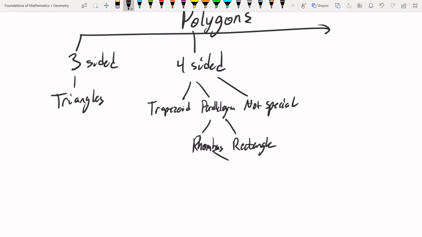And then both of them come together to give you the square. And of course, you have five-sided shapes, and you can have what are called regular polygons and non-regular polygons and things like that. We're not going to get into that. We're really just concerning ourselves with quadrilaterals and then polygons kind of ideas in general.